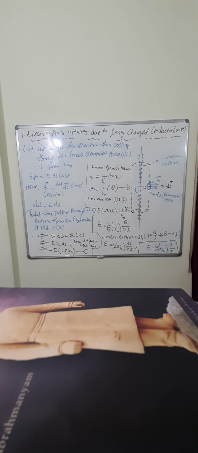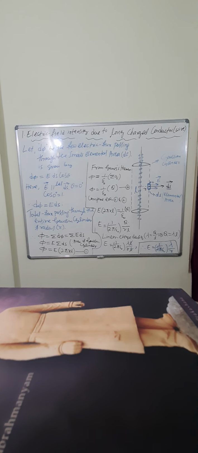Here the electric field is a vector parallel to the ds vector. Parallel means theta is equal to 0 degree, cos of 0 degree is equal to 1. Therefore d phi is equal to E ds, the flux passing through the small elemental area ds.